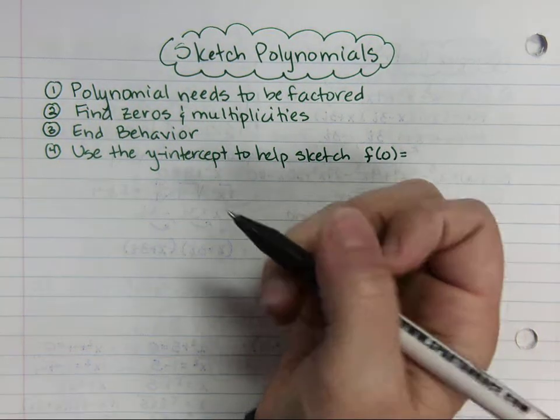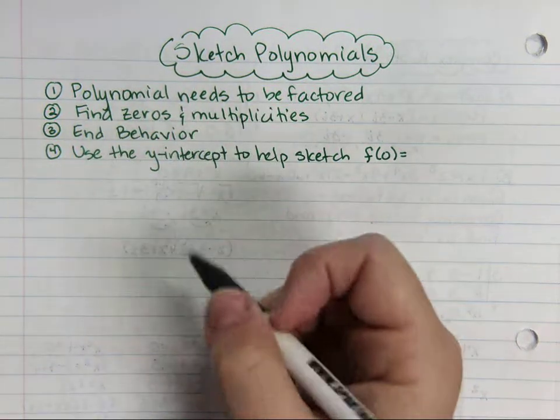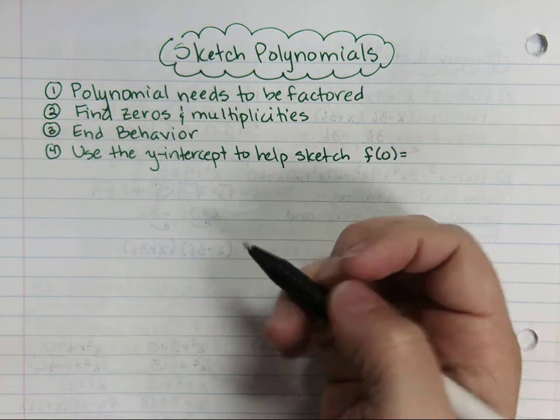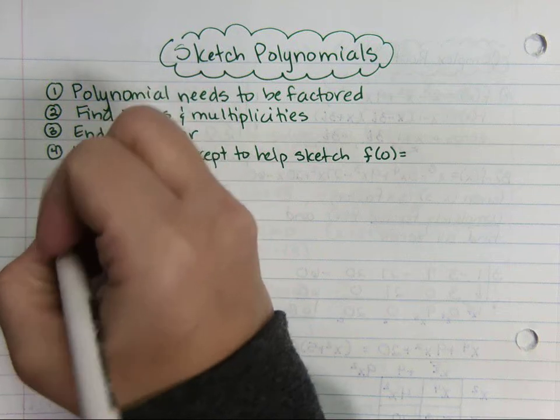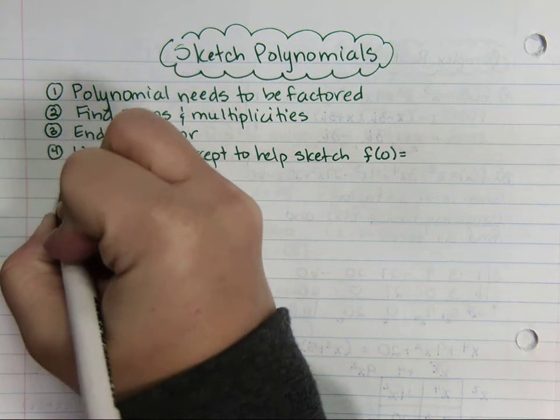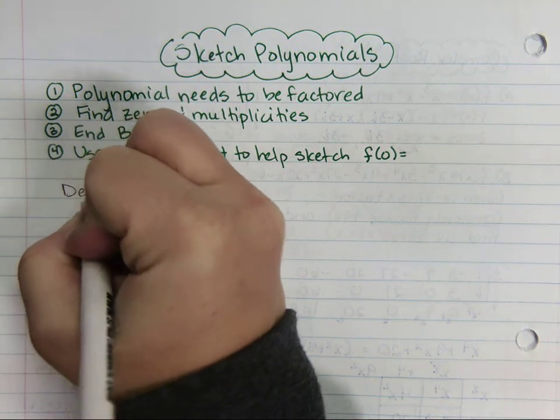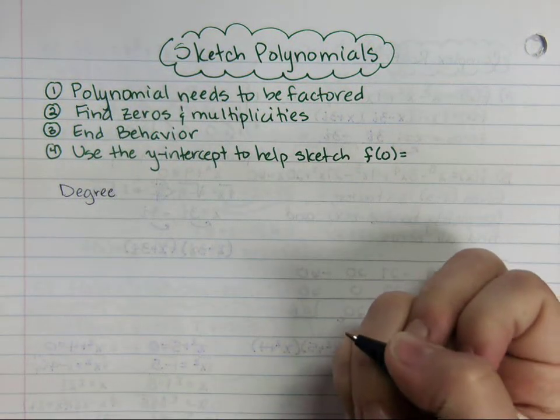Now, end behavior refers to what the ends of the graph look like. To do this, we need to know both the degree of the polynomial and the leading coefficient.